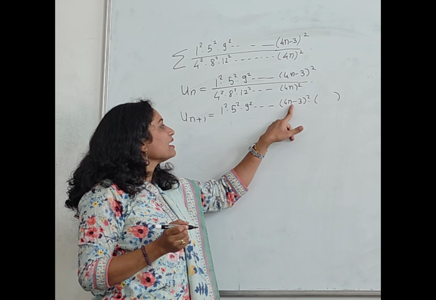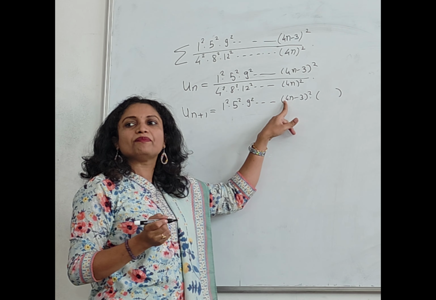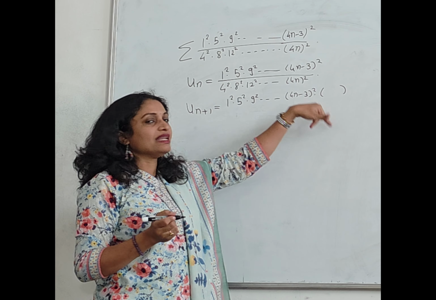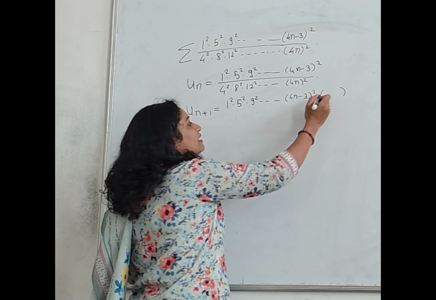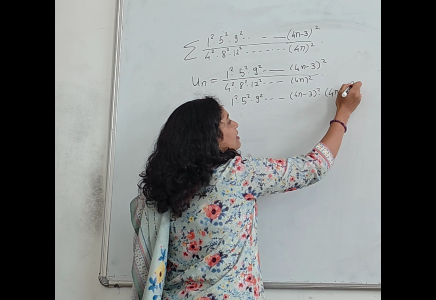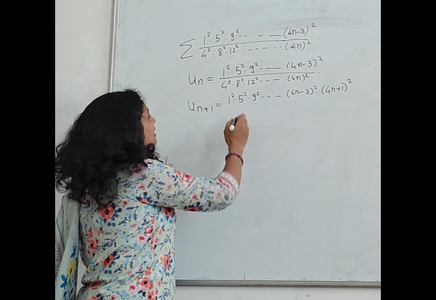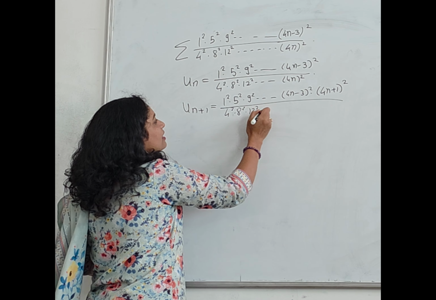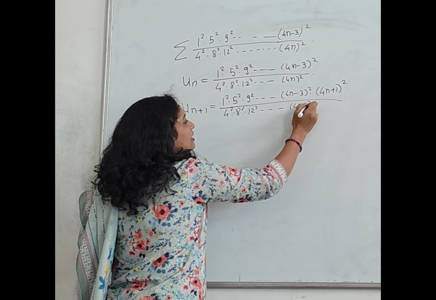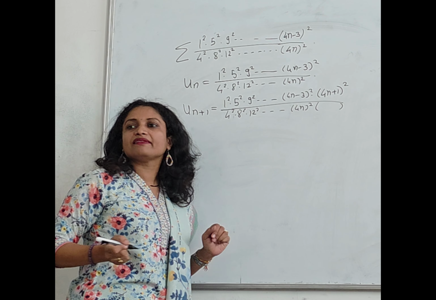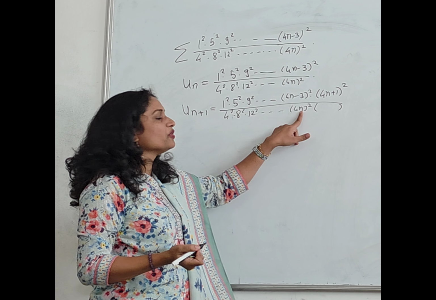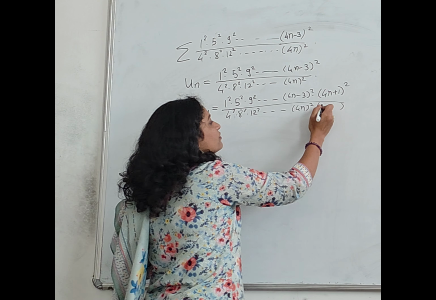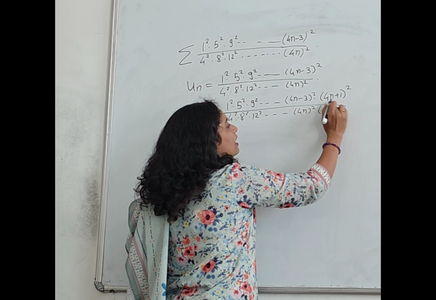So it will become 4n plus 4 minus 3, that is 4n plus 1, whole square. In denominator you will get 4 square, 8 square, 12 square till 4n whole square, into, replacing n by n plus 1, 4n plus 4 whole square.